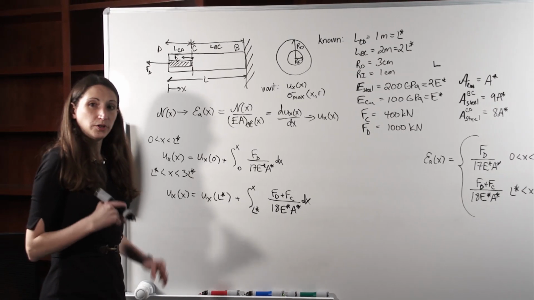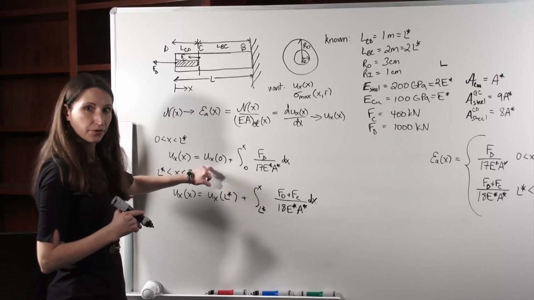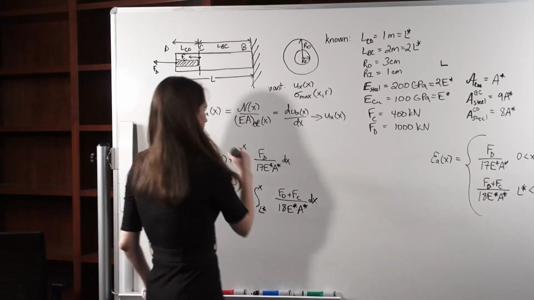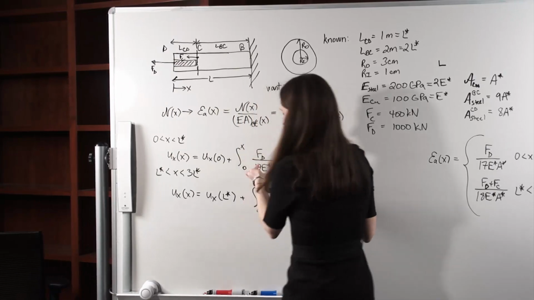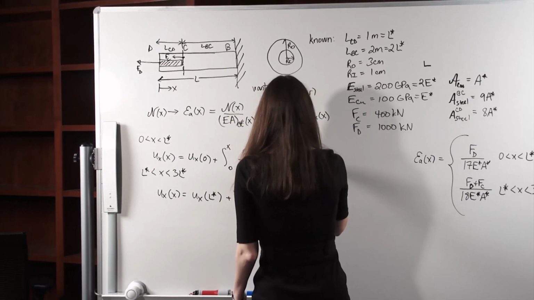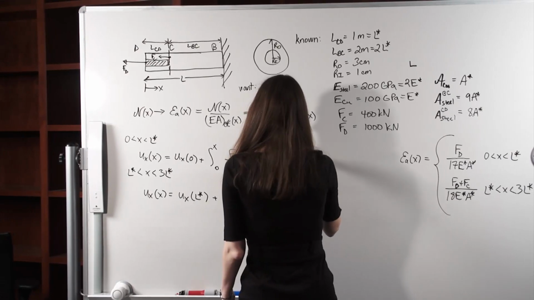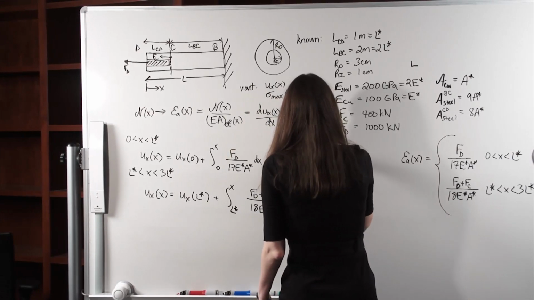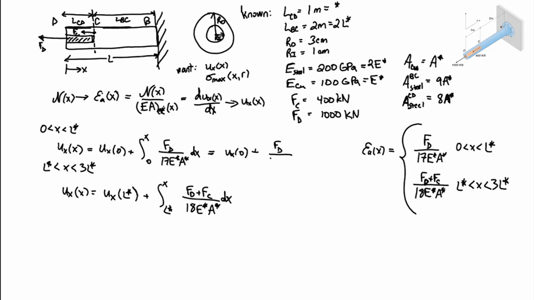Okay, so we don't know what the displacement field is at 0 yet, but let's just write this down. We can do this integral. That's easy because everything is constant, right? So we just end up with u_x of 0 plus Fd over 17E star A star times x.